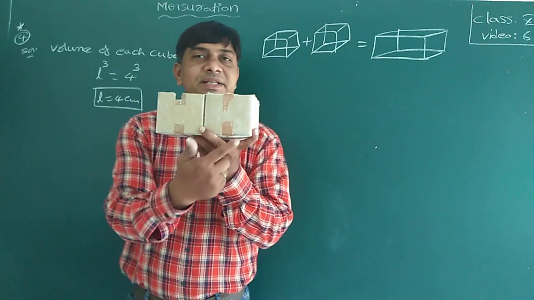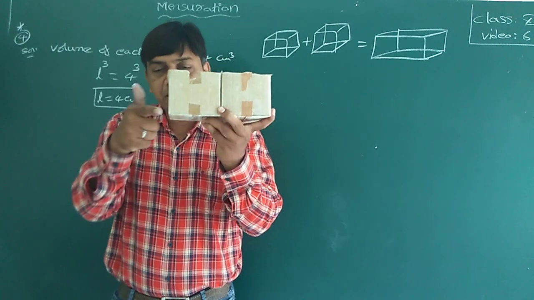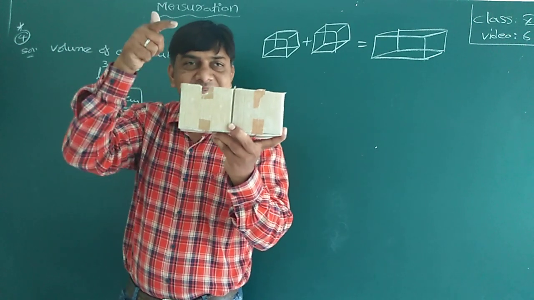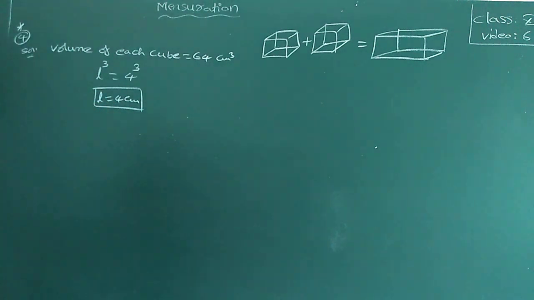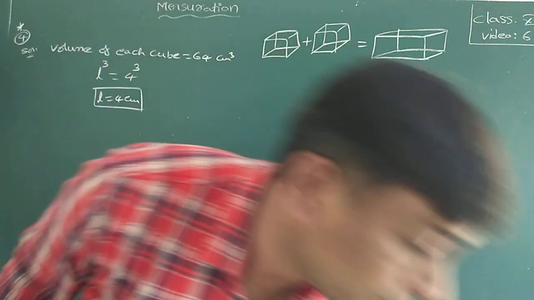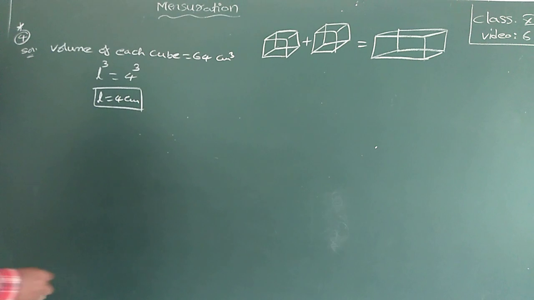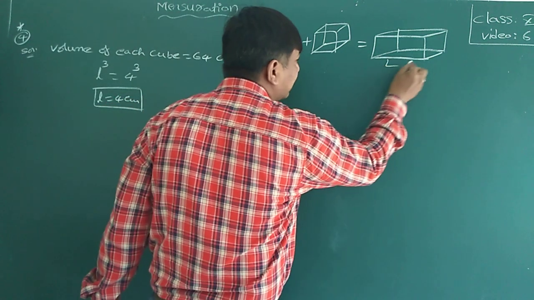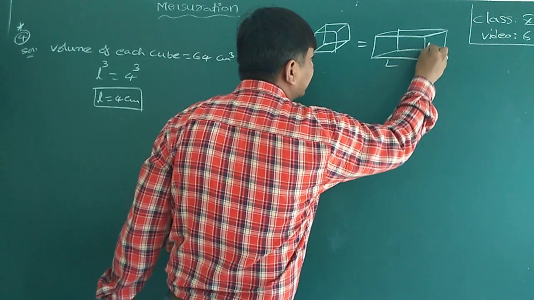How much will it increase? Length will be double, and breadth remains same, height remains same. Here it is length, this is breadth and this is height.